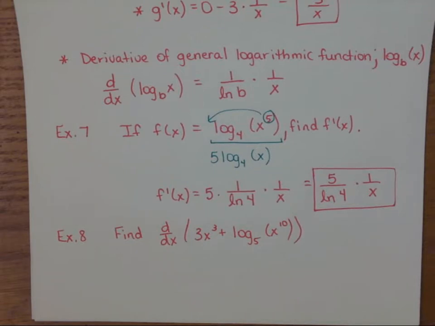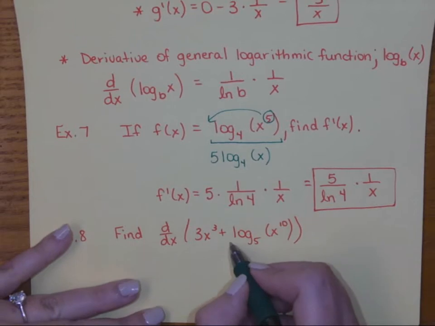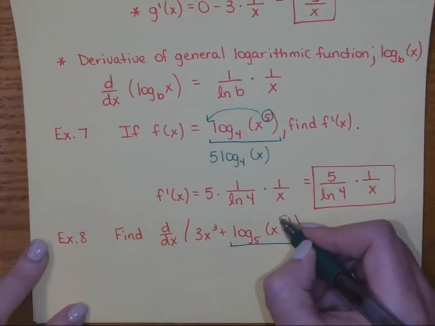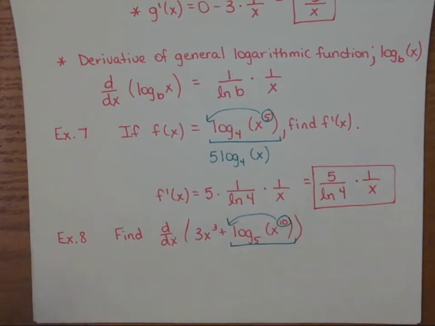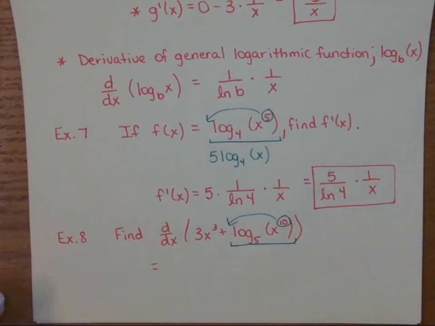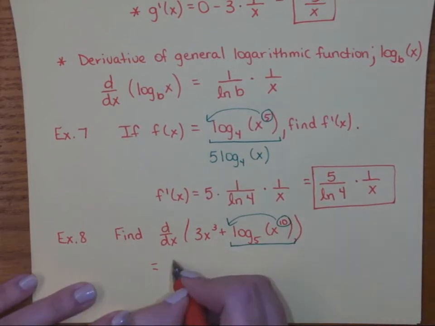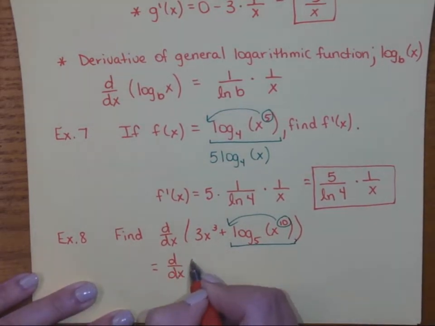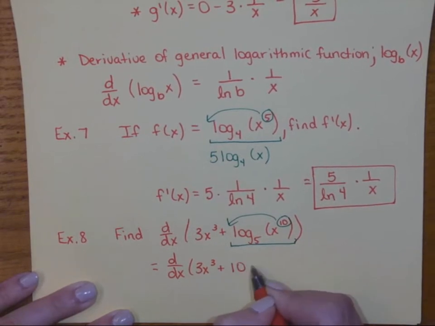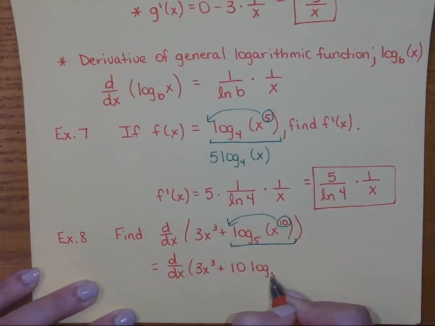Sometimes it'll have it, sometimes it won't. So before I begin, I'm going to rewrite this guy. Remember, the rules of logarithms say I'm allowed to move this power around to the front. So when I go to find the derivative, let's keep that in mind, right? So this would be the same as finding the derivative of 3x cubed plus 10 and then log base 5 of x.